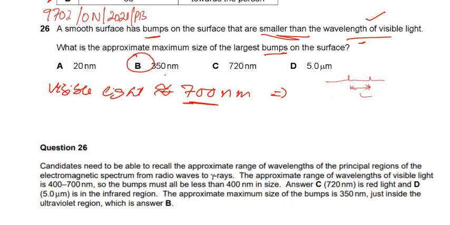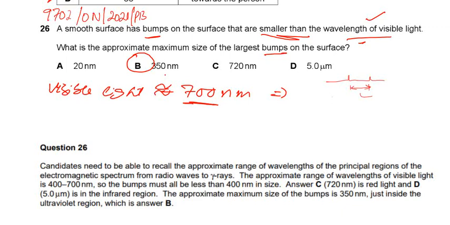And if the wavelength is larger than the visible light, that means it is in the range from radio waves to infrared, right? And option A, which is 20 nanometer, is a wavelength range that is not very, you can say, shorter than the visible light.